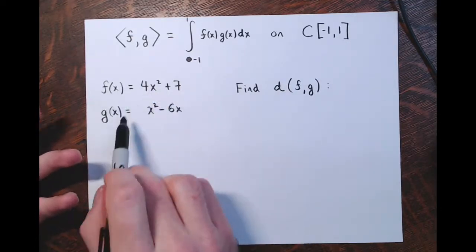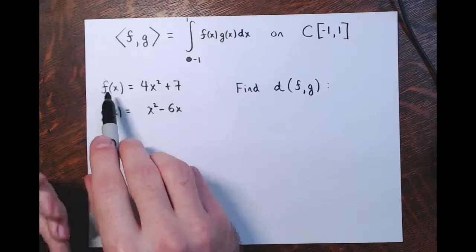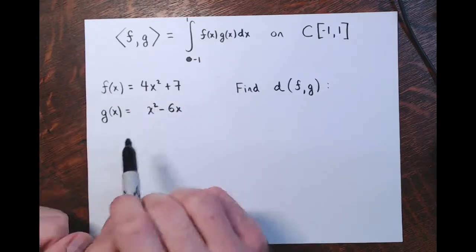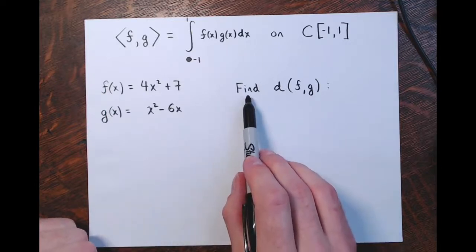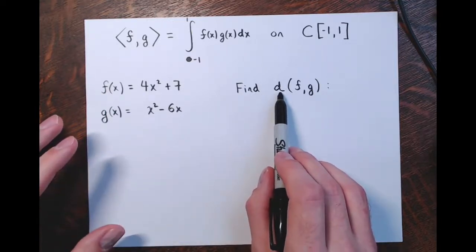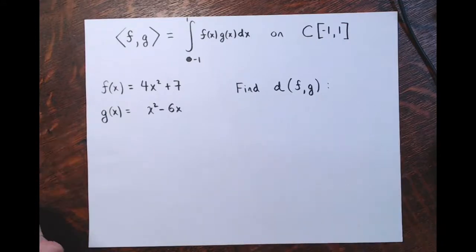And we're given two functions from this space. f is 4x squared plus 7, g is x squared minus 6x. And we're asked to find the distance between these two functions.